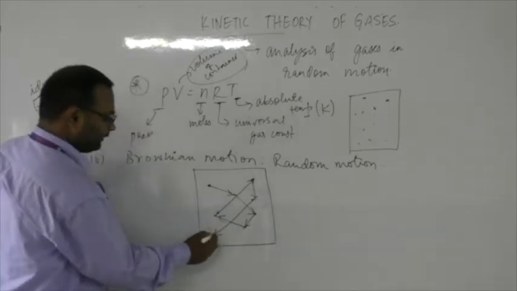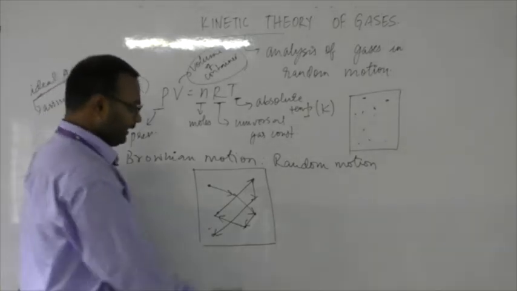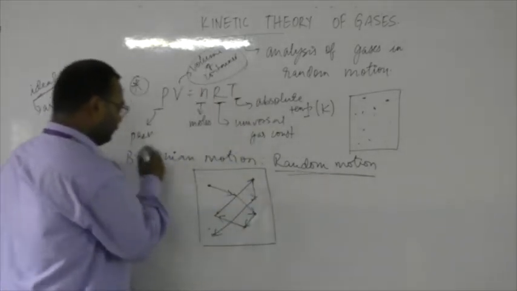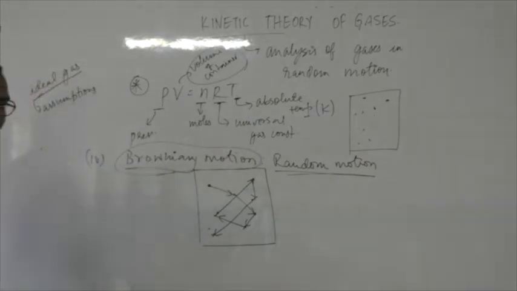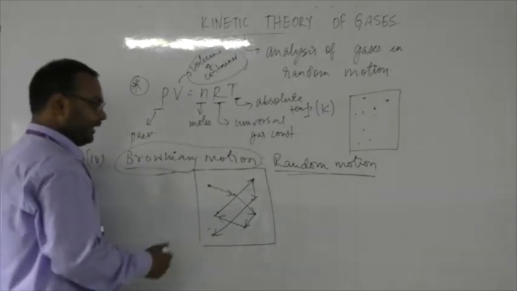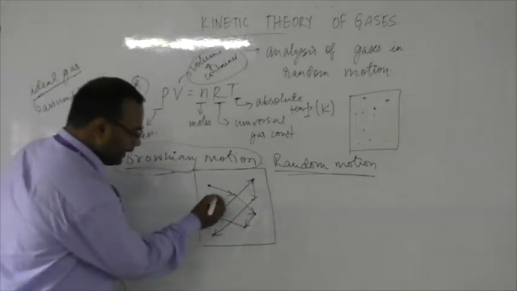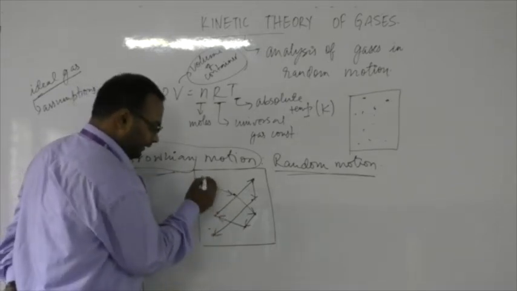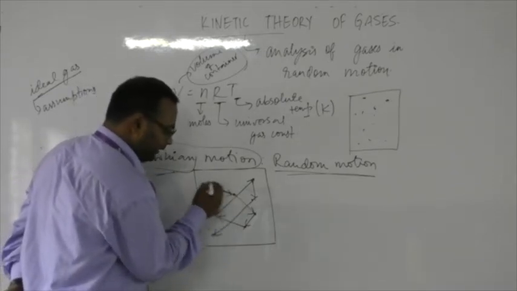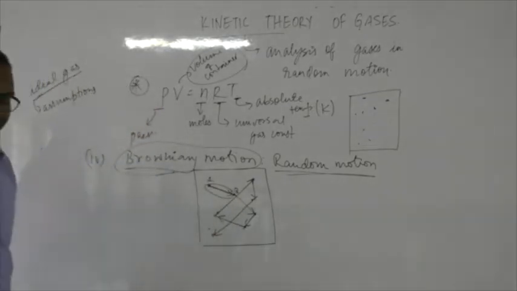So you cannot define direction of the gas molecules. That is why they are called random motion, and that motion is called Brownian motion. Okay, and the thing to remember in this is, between a successive collision, like going from here to here, say suppose from A to B, the path will always be a straight line.